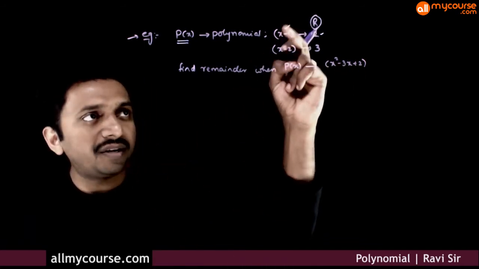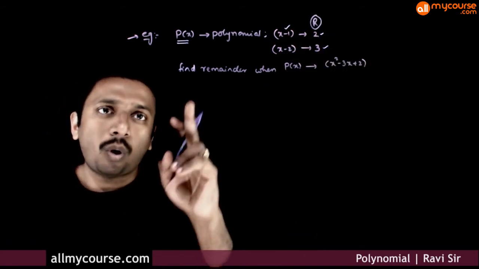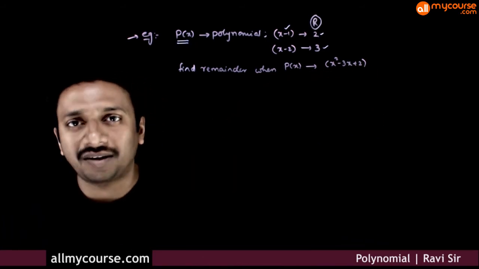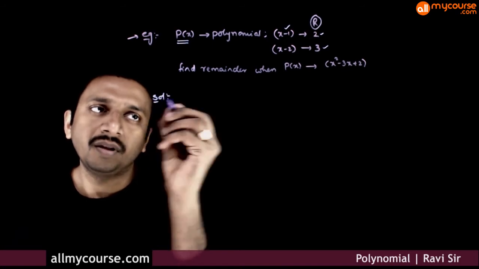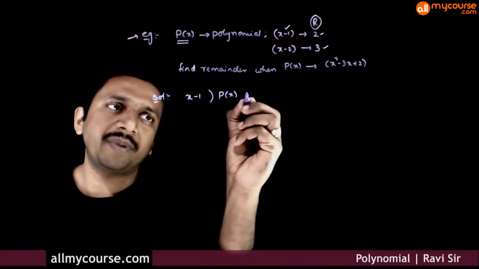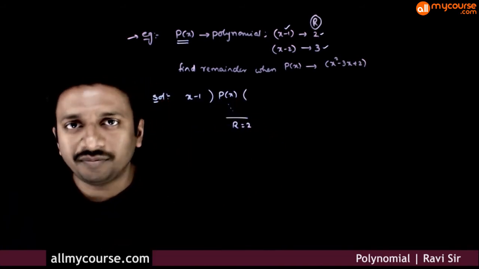So individually, if you are dividing with the linear factors, the remainders are known. What is the remainder when p of x is divided by this complete factor? So how do we analyze this question? If p of x is divided by x minus 1, you're given that the remainder is equal to 2.